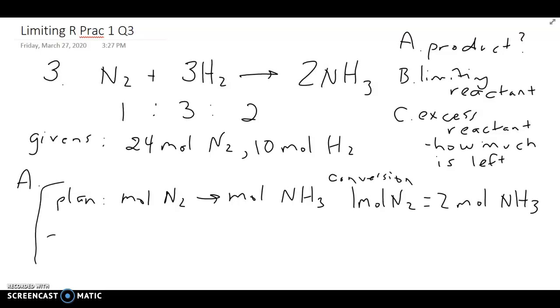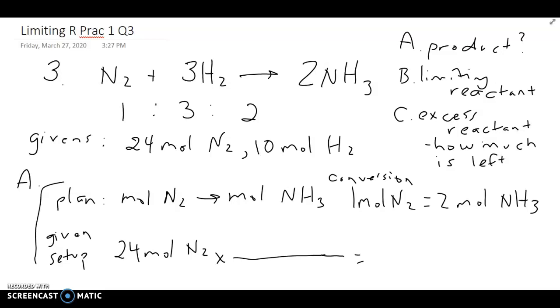So then our given and our setup. The given is 24 moles of N2. And we have 1 fraction here because we have 1 arrow in our plan and 1 conversion.